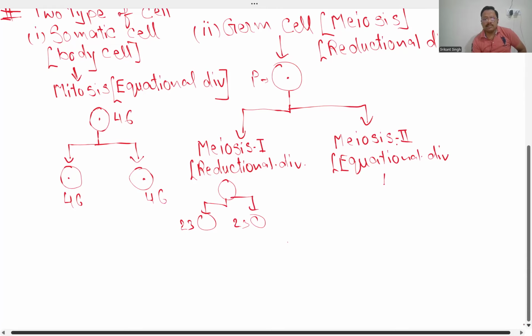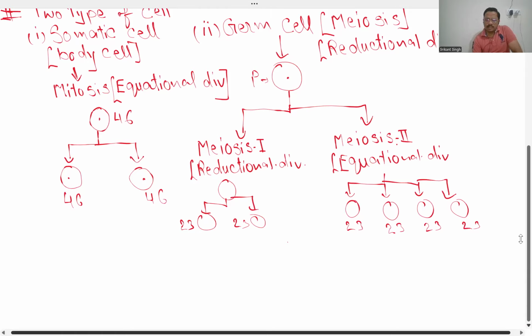This way, meiosis 2 forms four cells having chromosome number 23. So this is the condition.